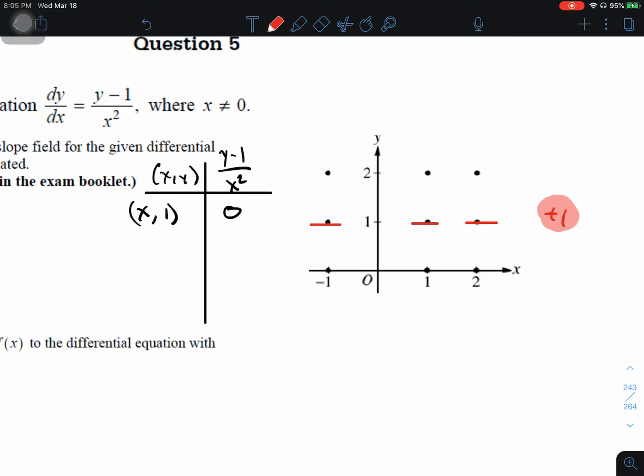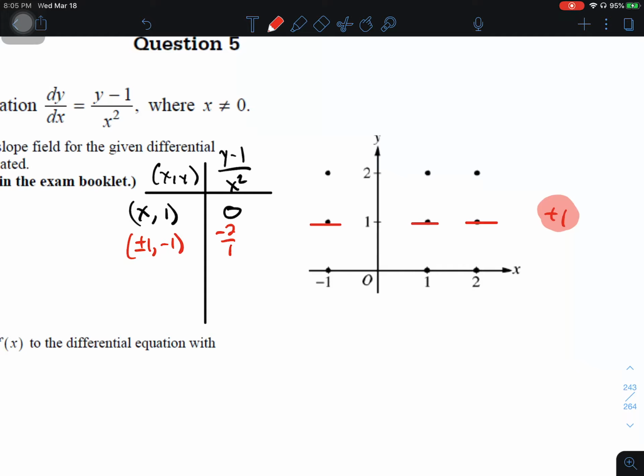Well, what about when y is... let's focus on x right now. Since this x is being squared, whether it's positive or negative, you're going to get the same answer. So if we do plus or minus 1, and let's say the y value is negative 1, that would be negative 2 over 1, which is negative 2.